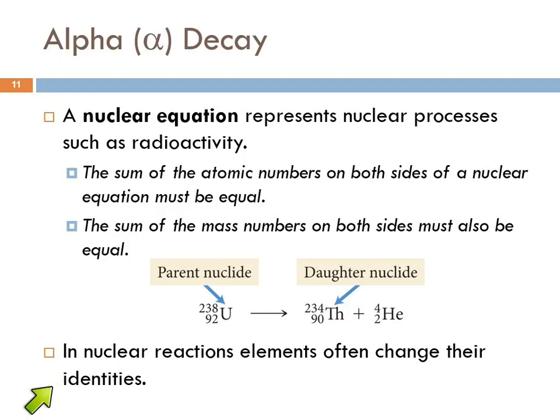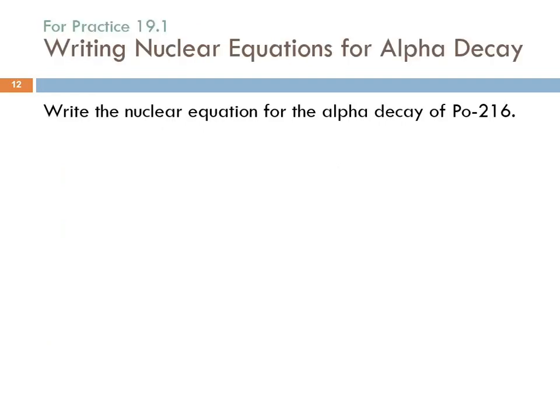In nuclear reactions, elements often change their identities. So that's important to remember. Let's write the nuclear equation for the alpha decay of polonium-216. So Po-216. 216 is the mass number.